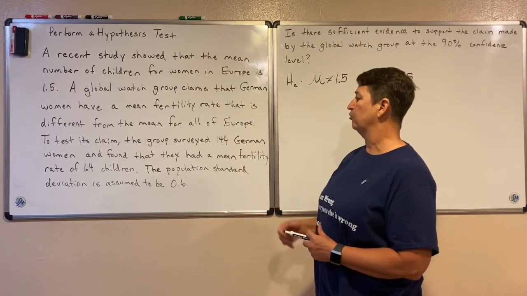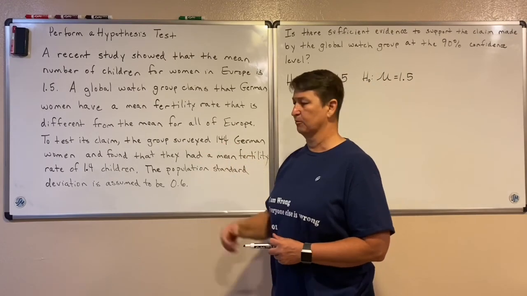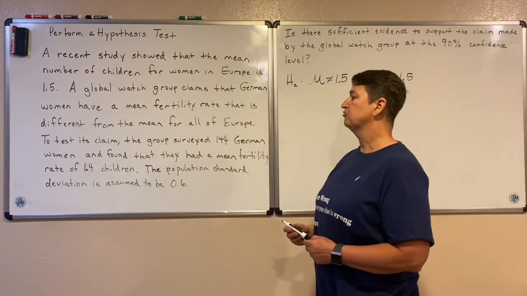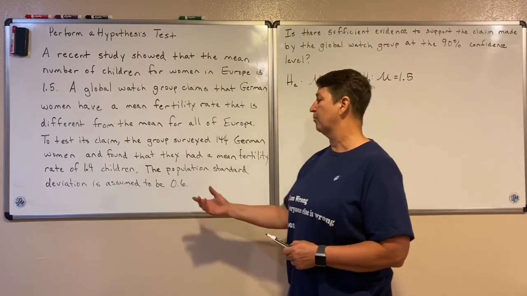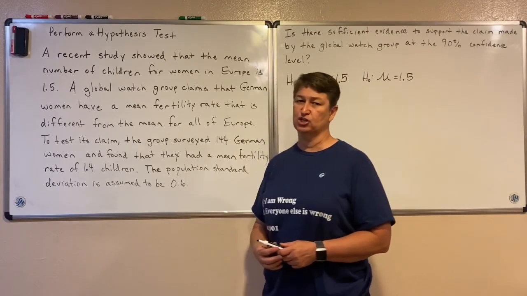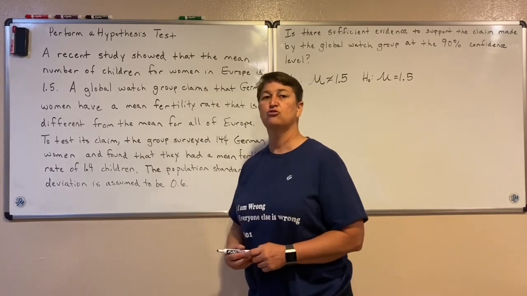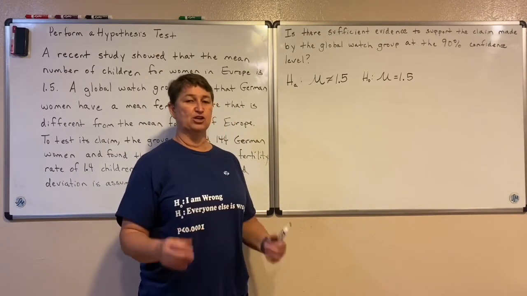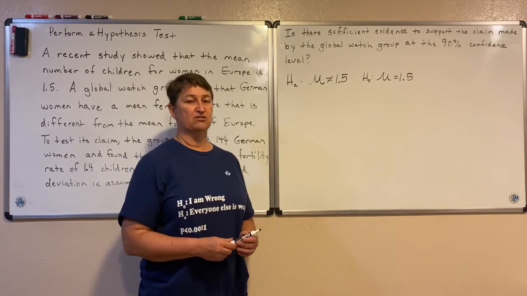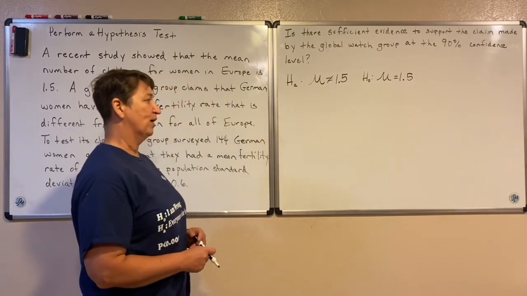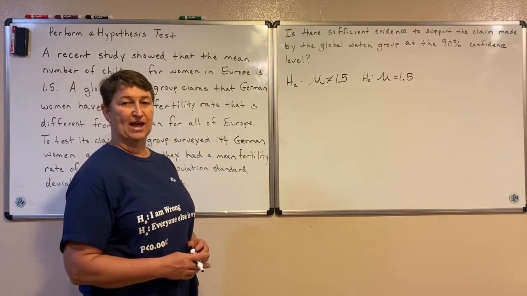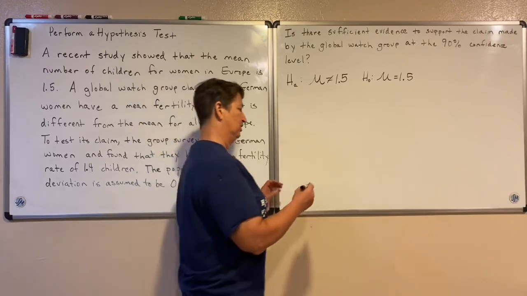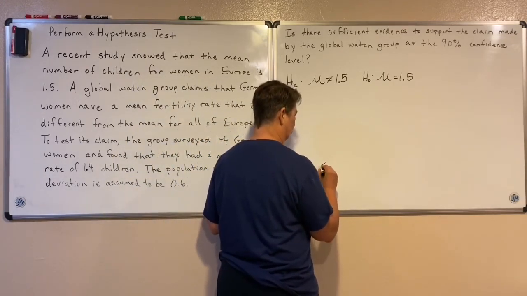So we see that we've got 144 German women that have been surveyed. So that's at least 30. And we know our population standard deviation is 0.6. So since we know our population standard deviation, we have a sample size of at least 30, simple random sample, we know that sampling distribution is going to be normal. So we can use a normal distribution.